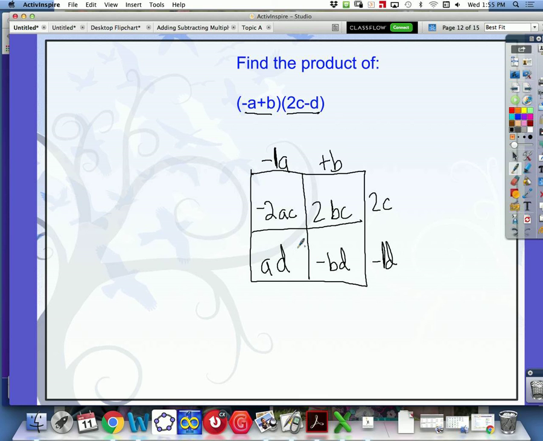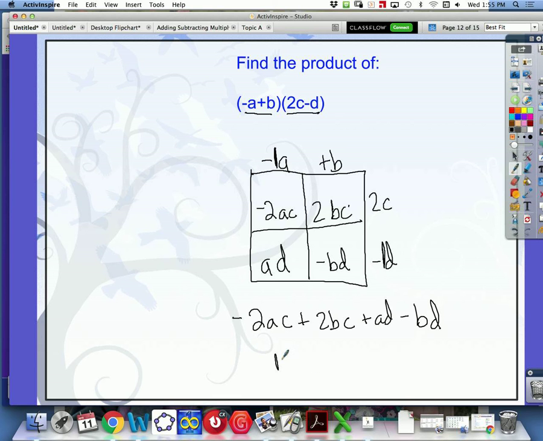Now this time we can't add diagonally because these aren't the same variables. So we're just going to stick them all in a row. So negative 2AC plus 2BC plus AD minus BD. And I look and none of them can be combined.